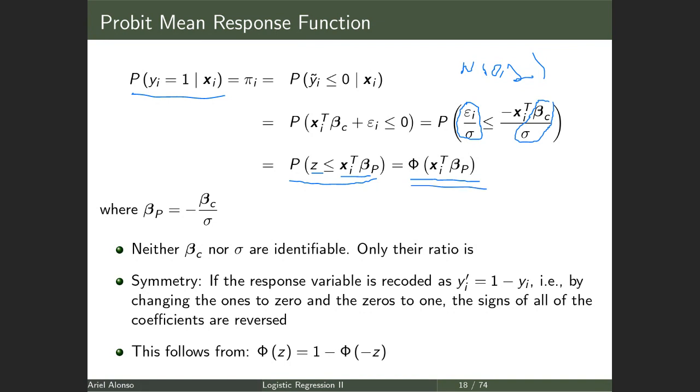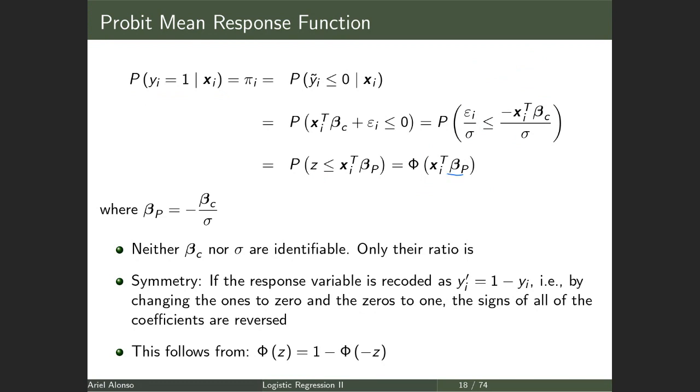You're modeling the probability that y is equal to 1, not using the logistic function, but using the cumulative distribution of a standard normal. That's called the probit model, and it's another model you can use besides the logistic function. Now, this beta_p is the coefficient in the probit model.